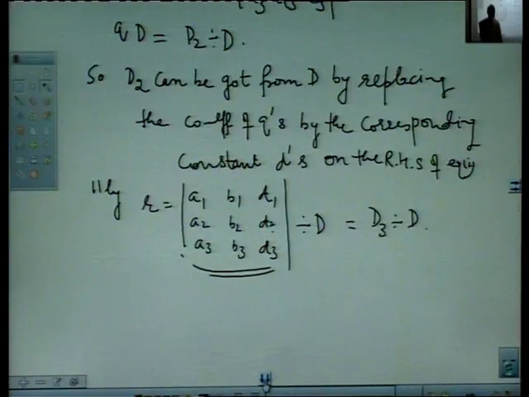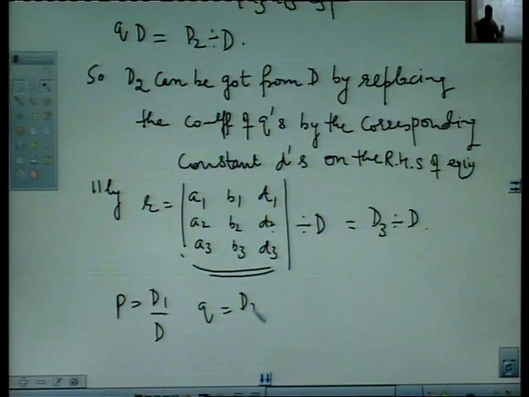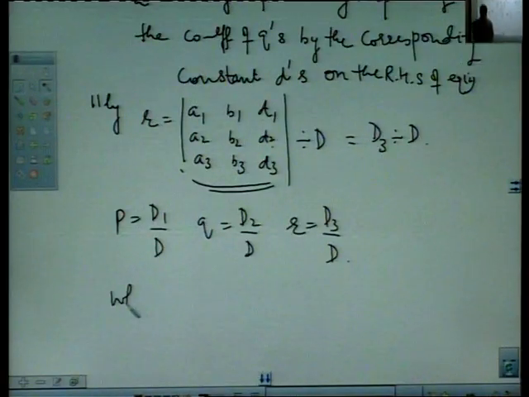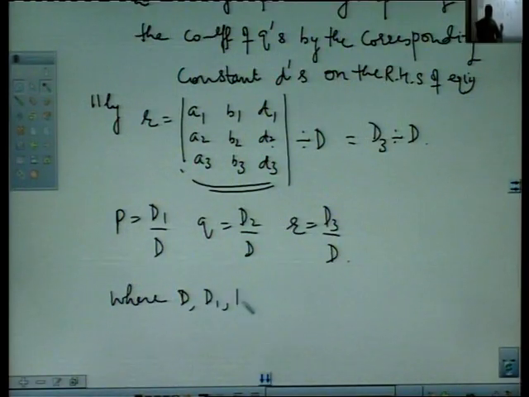So we get P is equal to D1 upon D, Q is equal to D2 upon D, and R is equal to D3 upon D, where D, D1, D2, D3 are determinants.